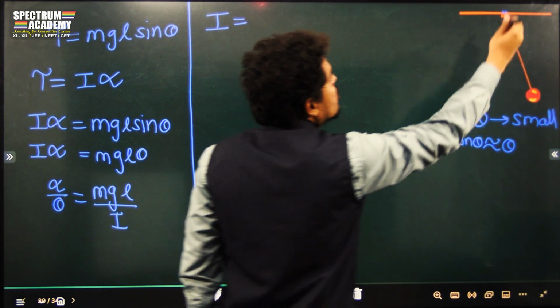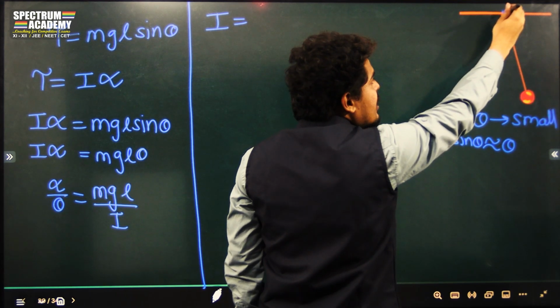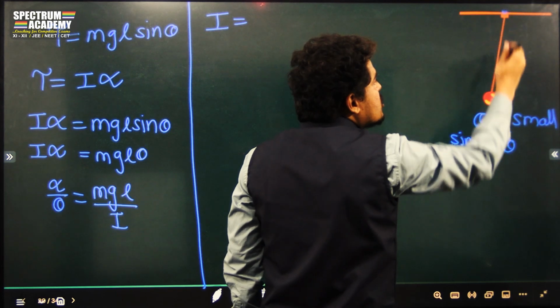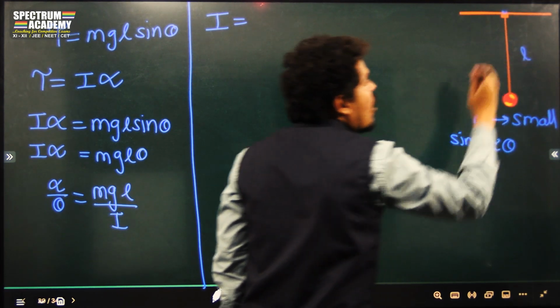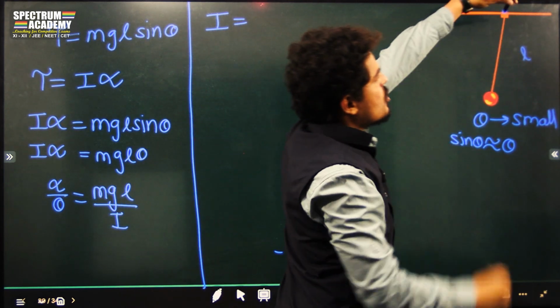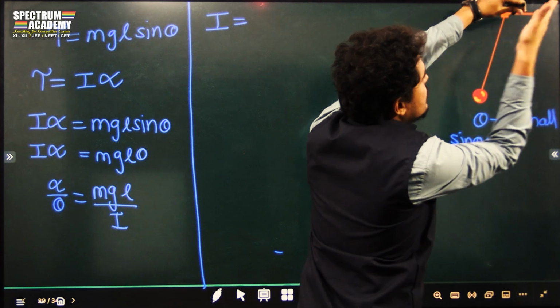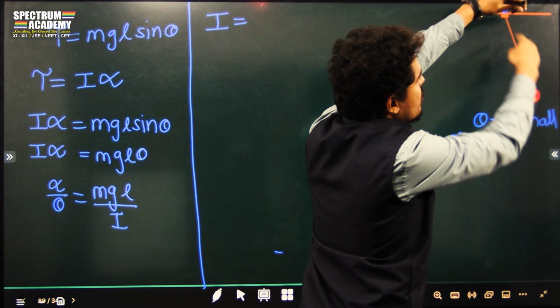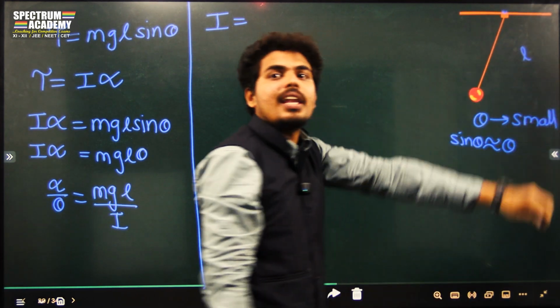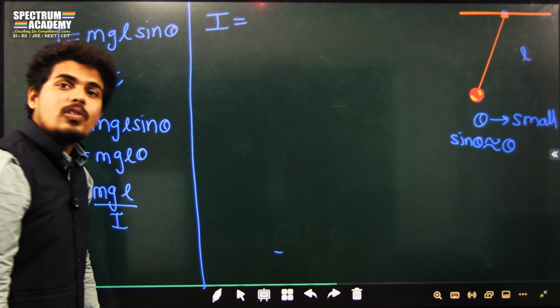If the axis of rotation is this and the bob is this, then its perpendicular distance is just the length of the pendulum, right? So the length of the pendulum is the perpendicular distance.